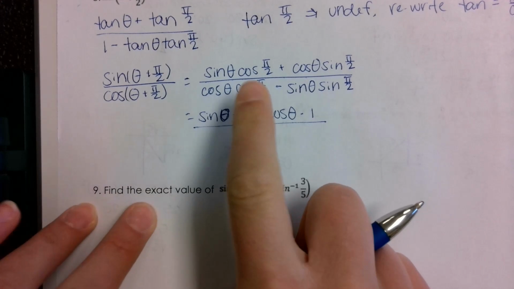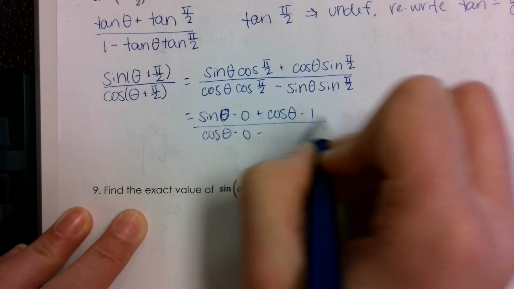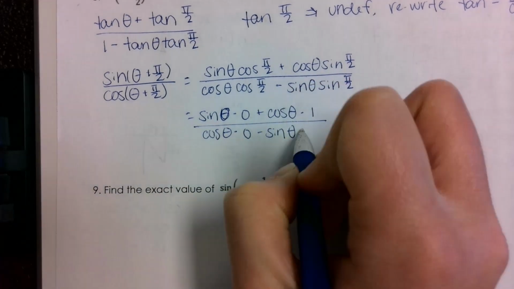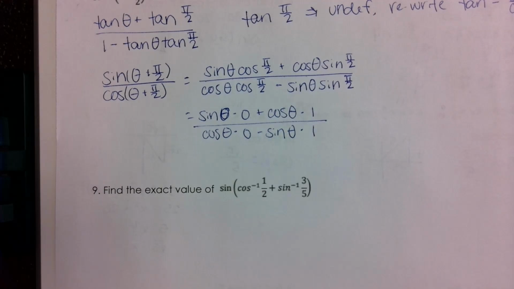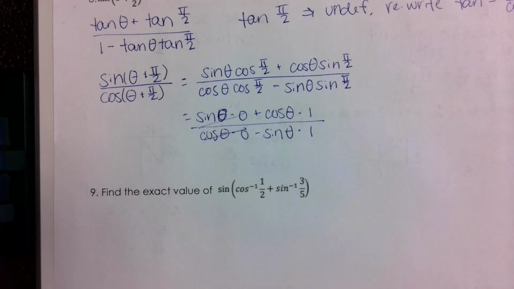So cosine theta times 0 minus sine theta. And then sine of pi over 2 again is 1. So these are going to go away, right? So times 0 is 0. And you're just going to be left with negative cosine over sine, right?